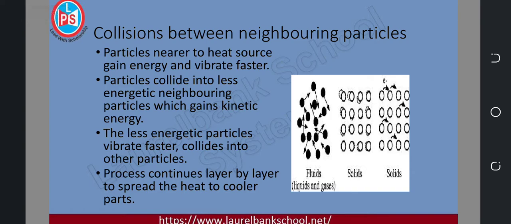In doing so, they pass some of their energy to the neighboring atoms or molecules during the collisions, with an increase in their vibrations. These atoms or molecules in turn pass part of their energy to their neighboring particles. In this way, heat reaches the other part of the solid, but this is a slow process and a very small amount of heat is transferred from hot to the cold parts in the solids.